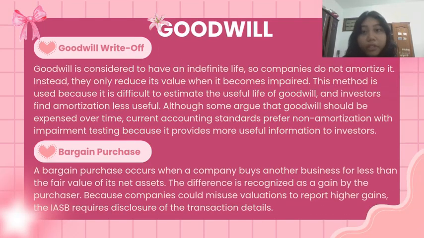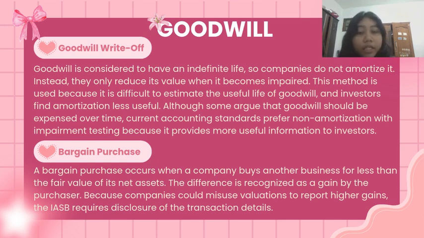After we talk about purchased goodwill, we talk about goodwill write-off. Goodwill is considered to have an indefinite life, so companies do not amortize it. Instead, they only reduce its value when it becomes impaired.